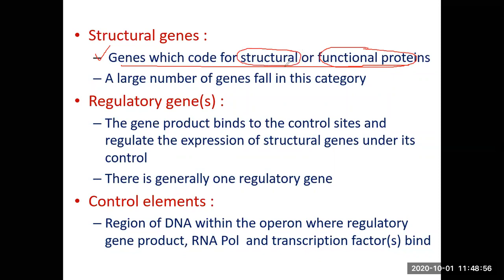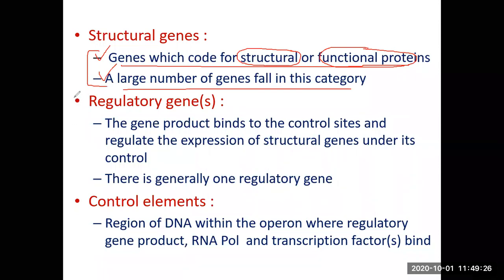Collagen, keratin, these have structural roles only, so they don't have enzymatic activity. So structural genes code for either proteins which have structural roles or proteins which have functional roles. Functional role means enzymatic activity. A large number of genes fall into this category. The majority of genes are structural genes.